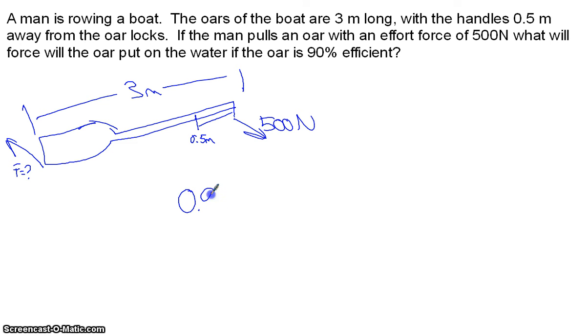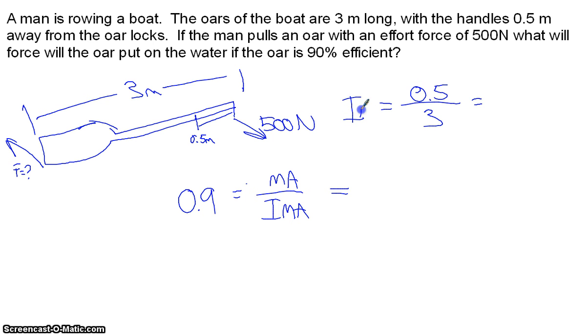So again, the efficiency is equal to the mechanical advantage over the ideal mechanical advantage. For the ideal mechanical advantage, remember, it's the distance that you put in, so 0.5, divided by the distance you get out, so that's 3. So your ideal mechanical advantage is equal to 0.17.